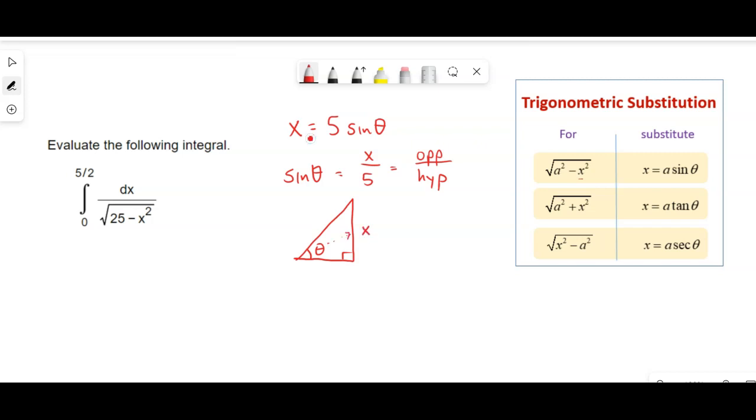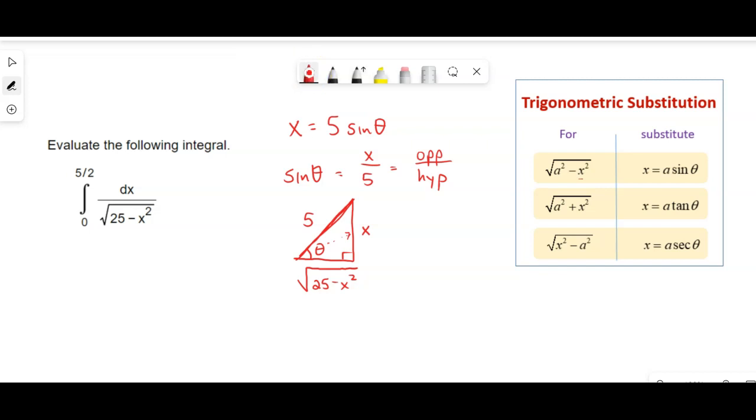That's x. The hypotenuse is opposite the 90 degrees, so that's this side here. That's 5. And then what does that leave the other side to be? Well, the Pythagorean theorem says that that's 5 squared, or 25, minus x squared, under a square root. And there you see the denominator show up. If you set these up correctly, the denominator will show up when you do these.